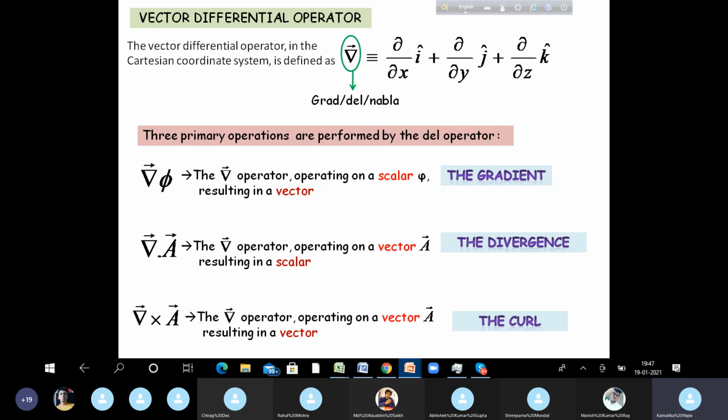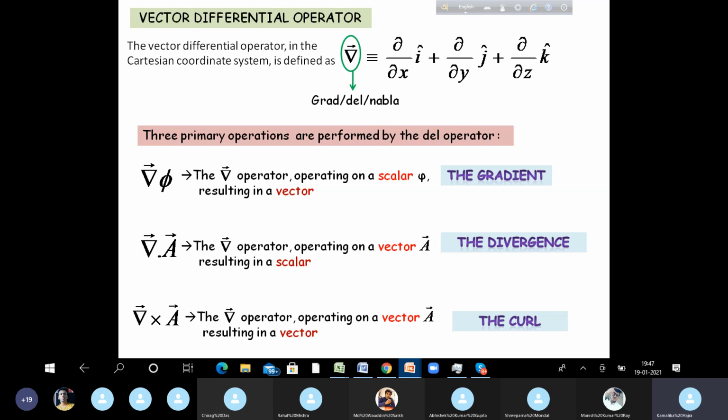If you are given a vector and asked to take the divergence, you can quickly write down the del operator, take its dot product with A and say this is the divergence. If you are given a vector and asked to take its curl, you can quickly write down the del operator, take its cross product with the vector A and find the result and say this is the curl. Okay, so mathematically you know how these operations are done.